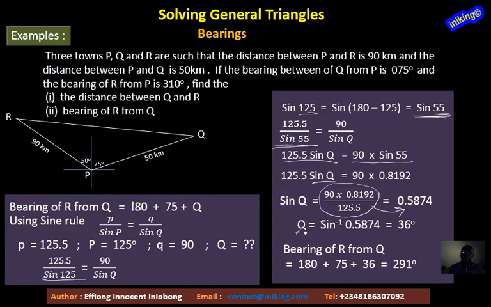Angle Q, therefore, will be sine inverse of that. That gives us 36 degrees. Remember we said our bearing is 180 degrees plus 75 plus Q. And that's it there. So the bearing is 291.